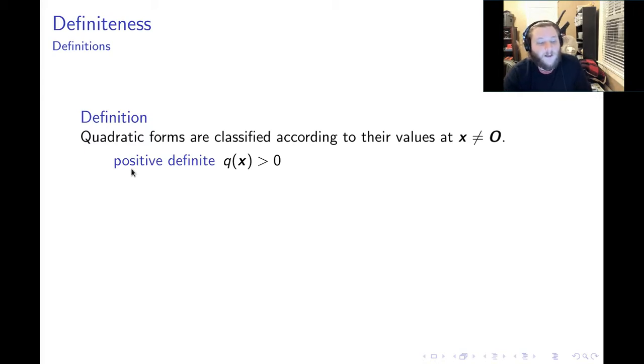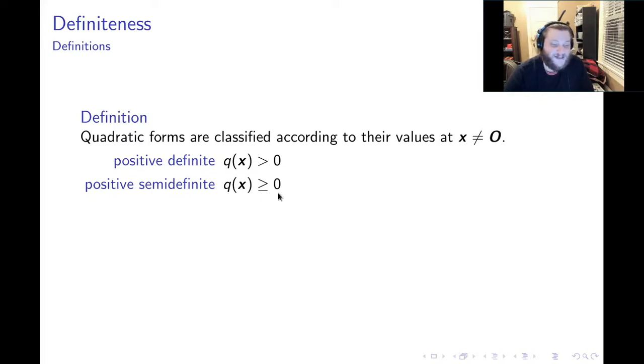We call the quadratic form positive definite if it is always positive, again, when we don't plug in the zero vector. We call a quadratic form positive semi-definite if it is always non-negative. On the other hand, we call a quadratic form negative definite if it is always strictly less than 0, again, away from the origin.